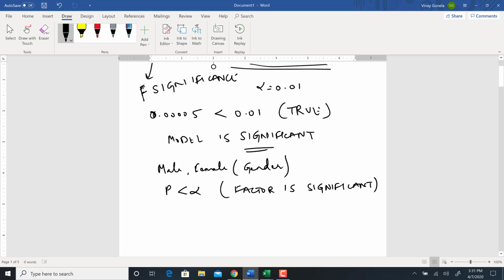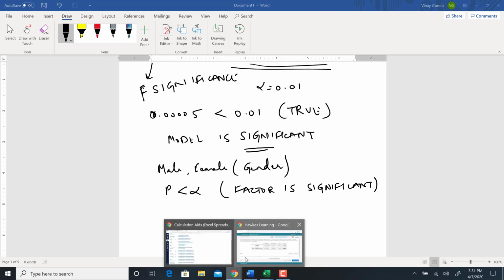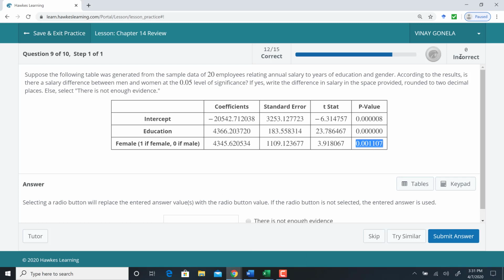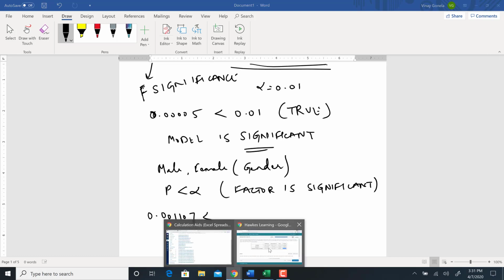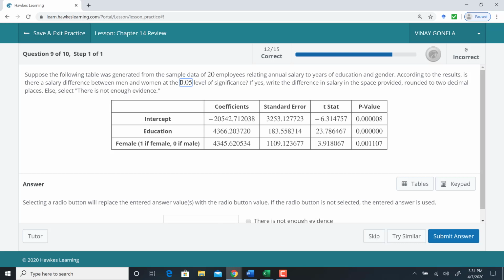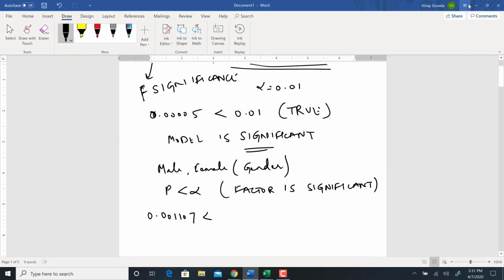So our p-value here is 0.001107. Is this less than alpha? Let's see what alpha they gave us. They gave us an alpha of 0.05. So is this statement true? Yes, it is true. So you are saying the factor is significant.